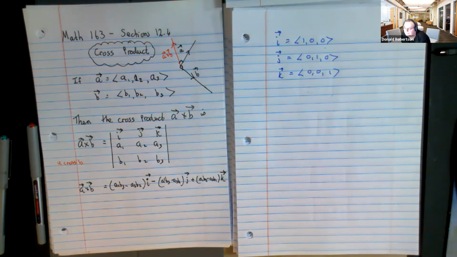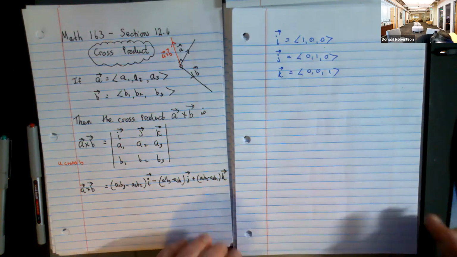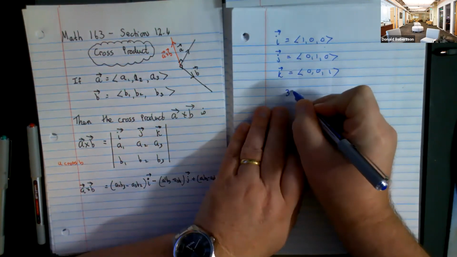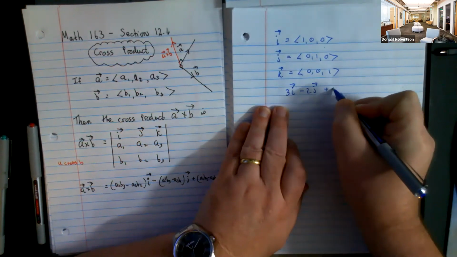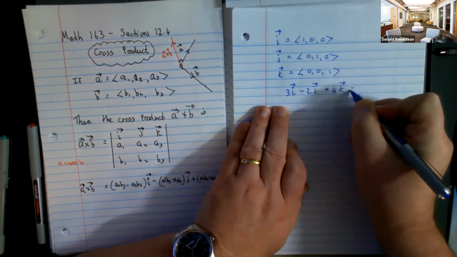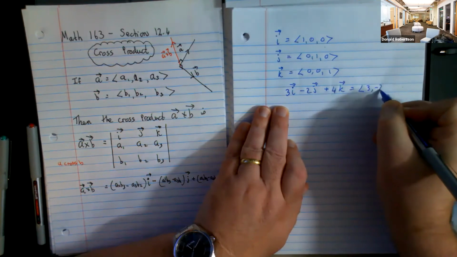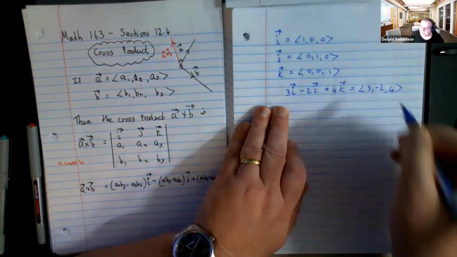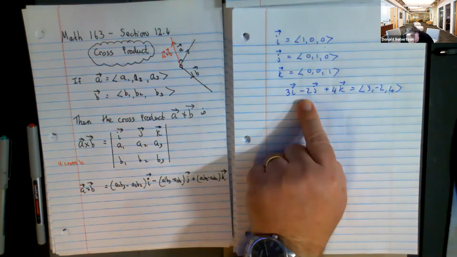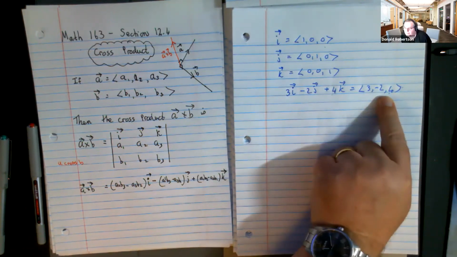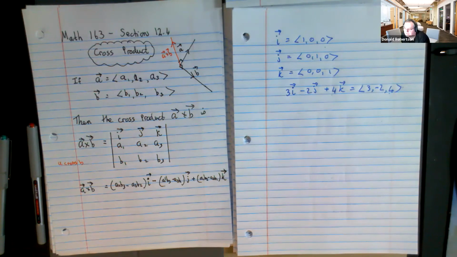You remember those vector guys? Okay, so if you got an answer and it was 3I, take away 2J, plus 4K, I hope you're all comfortable that it's the same as this guy, right? So they're exactly the same information. This is IJK notation, and this is component form notation.